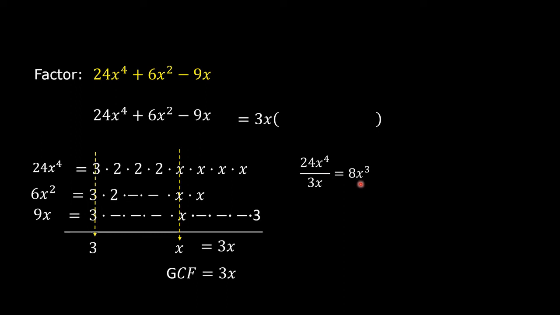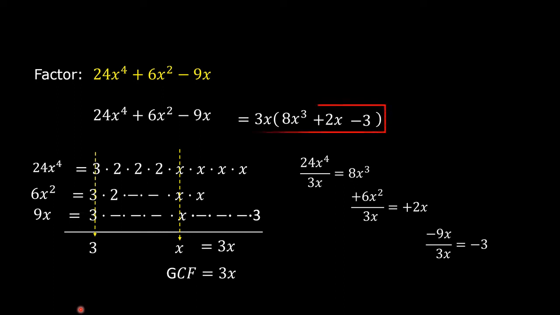So we have 8x cubed. Write 8x cubed. Then the next term, positive 6x squared divided by 3x is equal to positive 2x. Write positive 2x here. Then go to the last term, negative 9x divided by 3x is negative 3, right? Negative 3 here. So the answer is 3x times the quantity 8x cubed plus 2x minus 3.